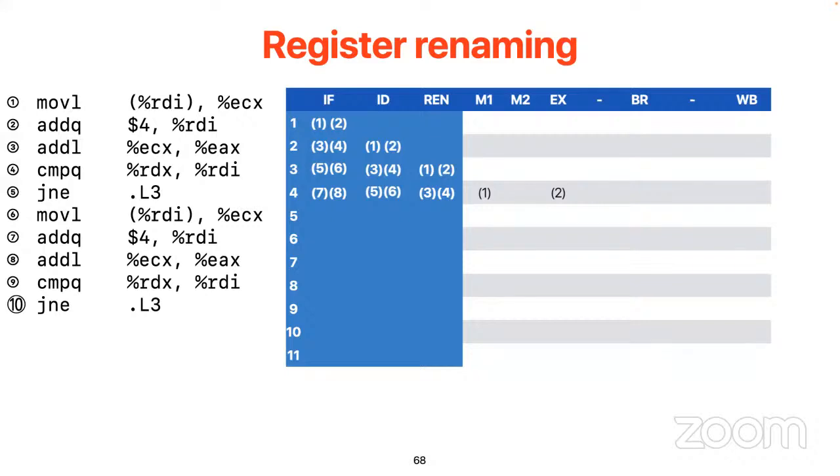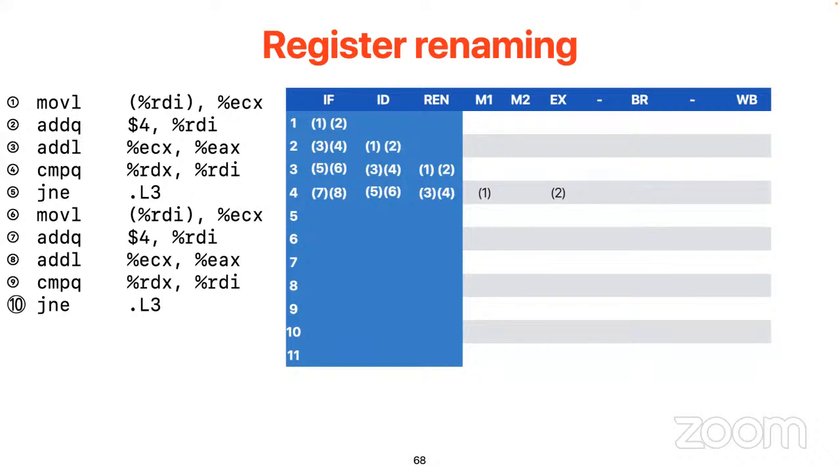So maybe there's a way we can think about it. First of all, each column of this table represents a different stage or functional unit of a superscalar processor.